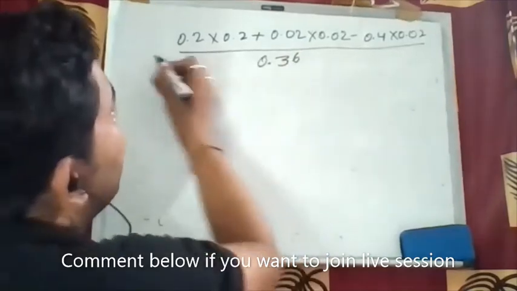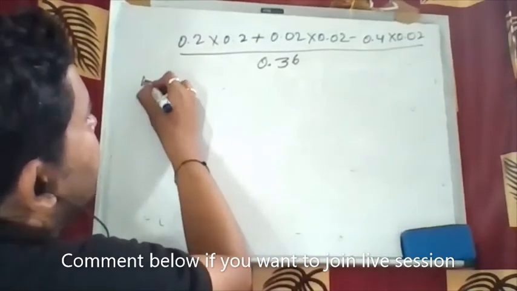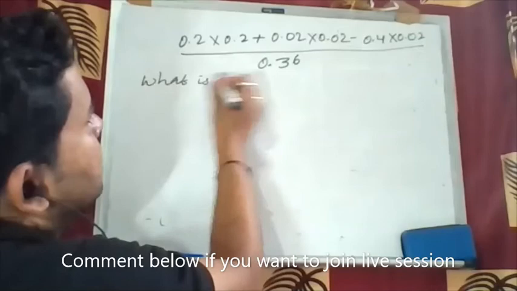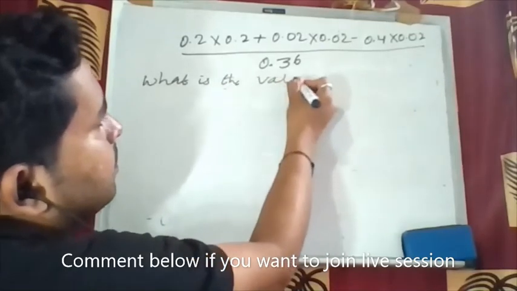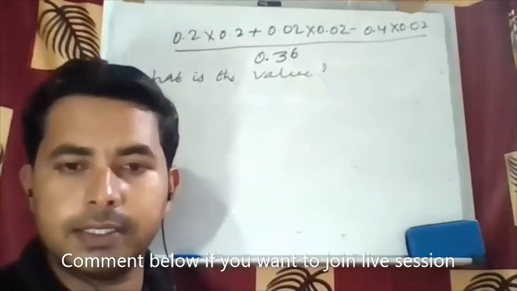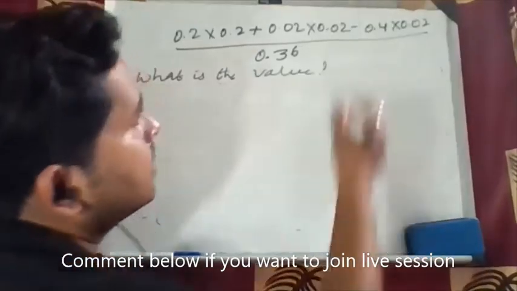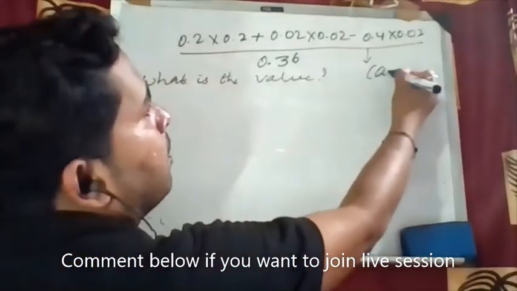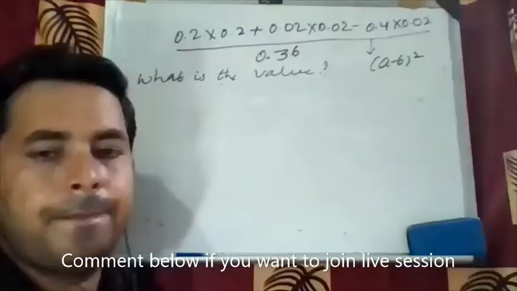So what is the value of this question? What is the value of this question? Okay, try this. And the top question is, this is a form of a minus b bracket square.